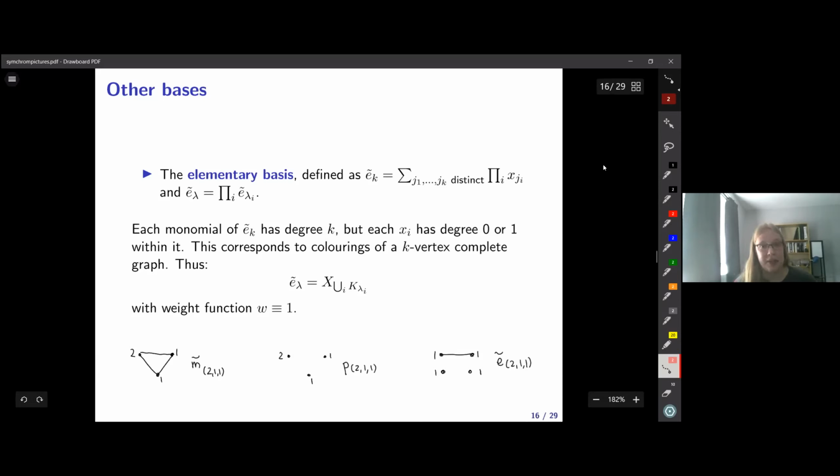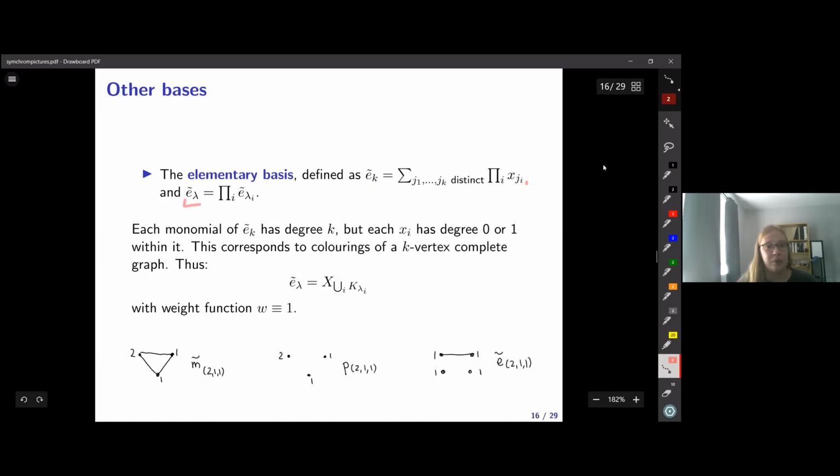But let's pretend this is the definition, then e_k is just the sum over all indices j_1 up through j_k distinct, and then the product of just x sub j_i. And if you've seen all the other formulas in this talk so far, this will look familiar, as what I'm doing here is taking a k vertex complete graph with each vertex of weight 1 and coloring it, right? This is the chromatic symmetric function of a k vertex complete graph where each vertex has weight 1.